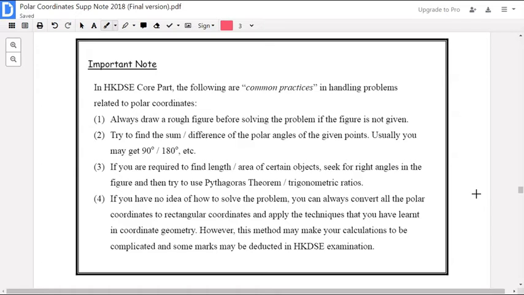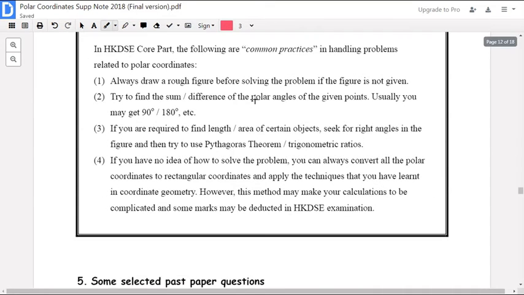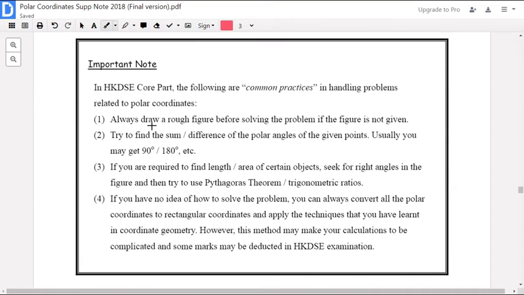Okay, and these are some important notes about handling problems in HKDSE about polar coordinates. First, always try to draw a rough figure before solving a problem if the figure is not given to you. Second, try to find the sum or differences of polar angles of the given points.